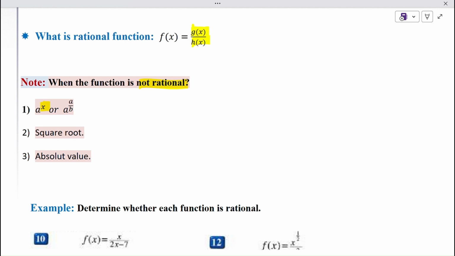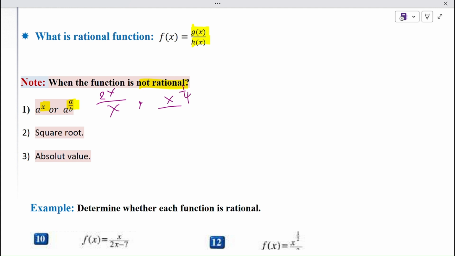Again, for example, if we have 2 to the power x over x, this is not rational. Or if we have x to the power 1 over 4 or over x minus 1, this is not rational.